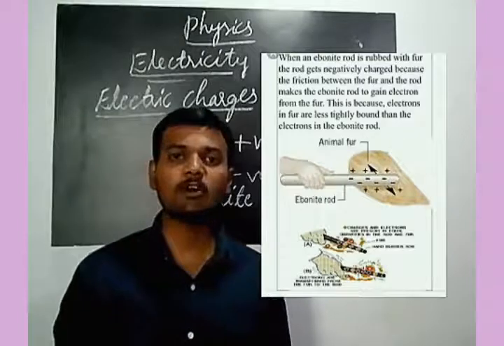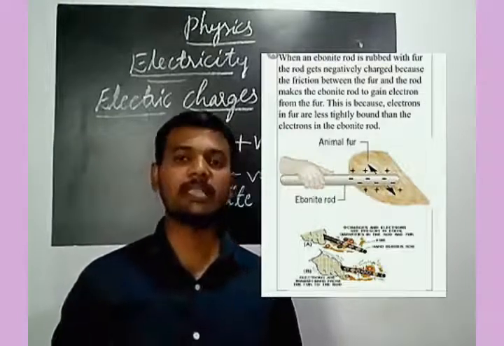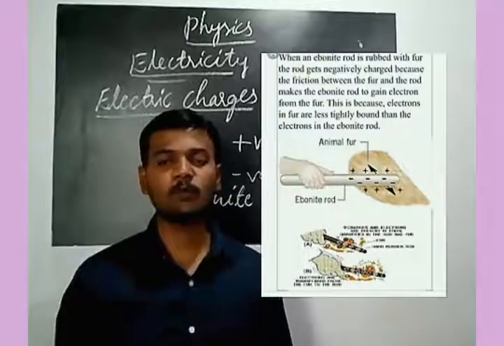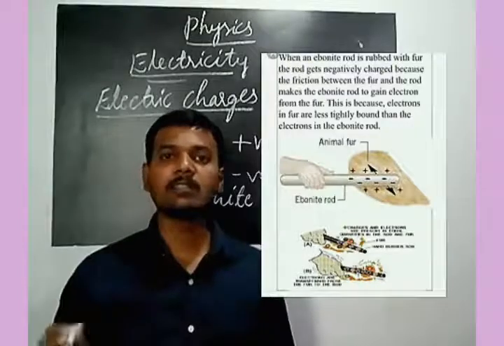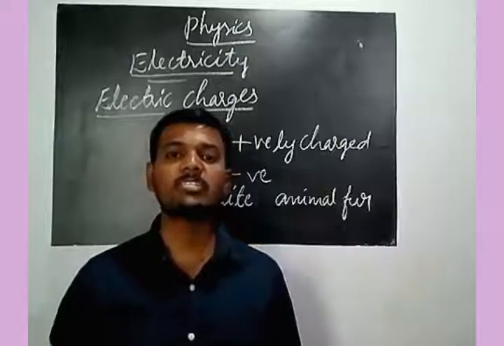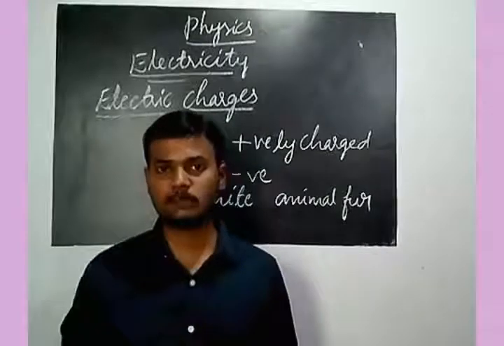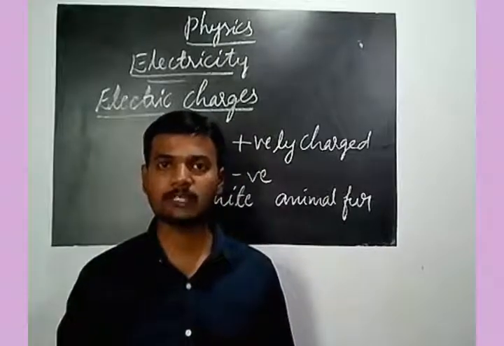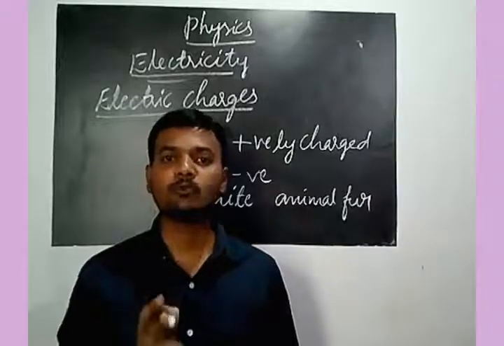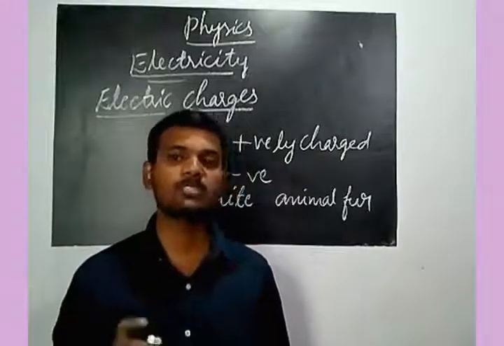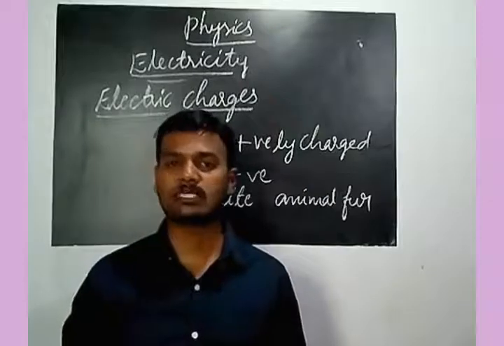The ebonite rod becomes negatively charged, and the animal fur becomes positively charged. The body which receives electrons becomes negatively charged, and the body which donates electrons becomes positively charged. There are two types of electric charges: positive and negative.